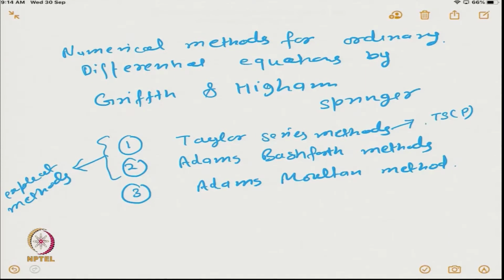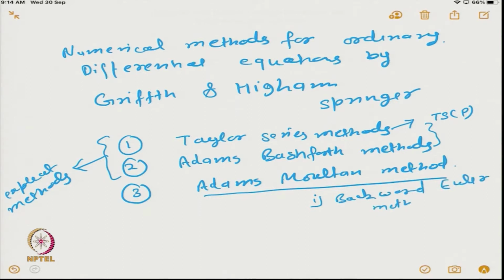So for the first category of method, in both the cases it is the same, which is the forward Euler method. While in the case of Adams-Moulton method, the first order method was called the backward Euler method. And the second was called the trapezoidal method.